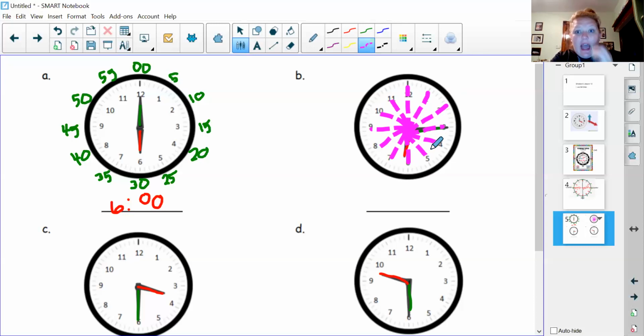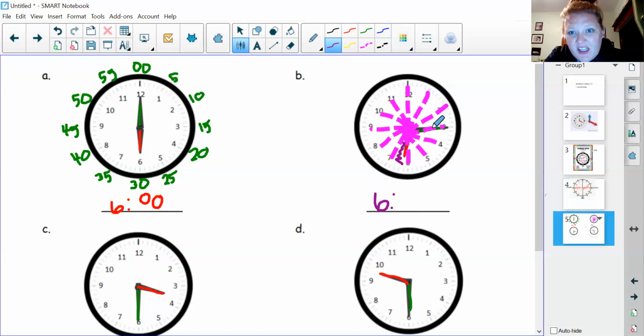When we're looking at the hour, you can see my little red line here, see how it's a little bit past the 6, but guess what? It is still in this section right here, which means it's still in the 6th hour. It hasn't clicked over to the 7th hour yet. So this is only with hours. We're still in that 6th hour.